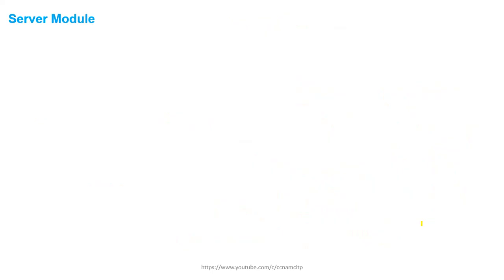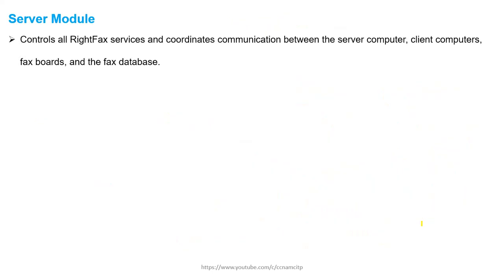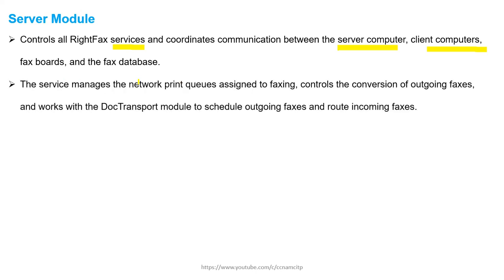Now the next service is server module. It controls all RightFax services and coordinates communication between the server computer, client computers, fax board, and other fax databases. The service also manages the network print queue assigned to faxing, controls the conversion of outgoing faxes, and works with the DocTransport module to schedule outgoing faxes and route incoming faxes.